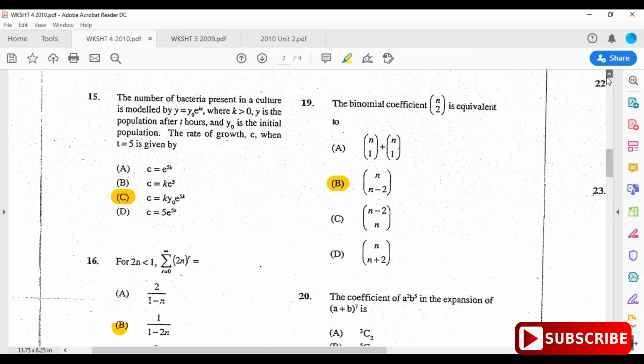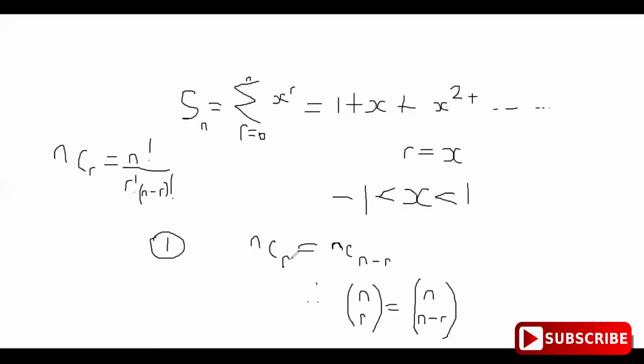Number 19, all we were saying is there's a simple formula to remember. N choose R is equal to N choose N minus R. When you're doing combinations, this was the first thing that we wrote down. In matrix notation, it's N over R is equal to N over N minus R. And you can always check it.